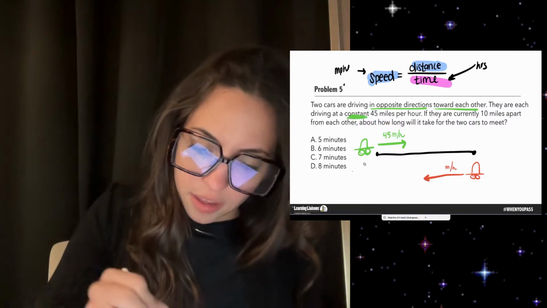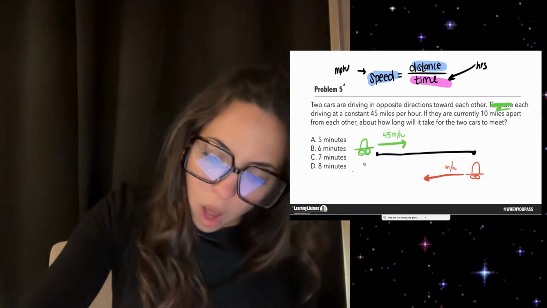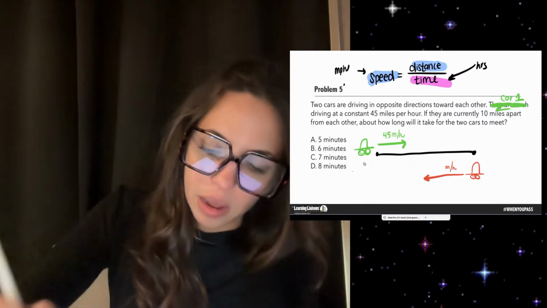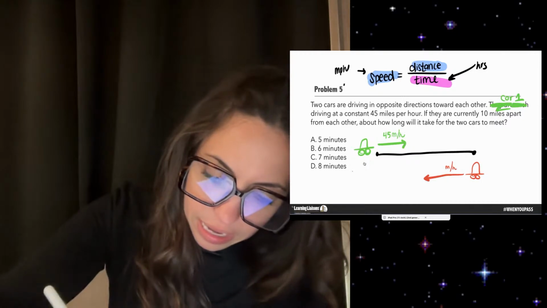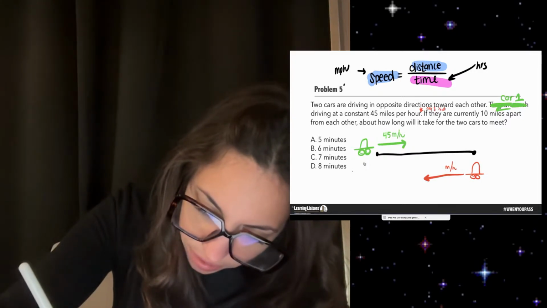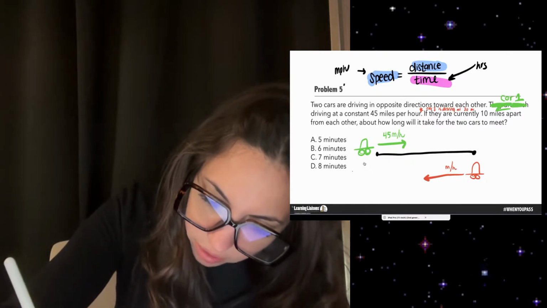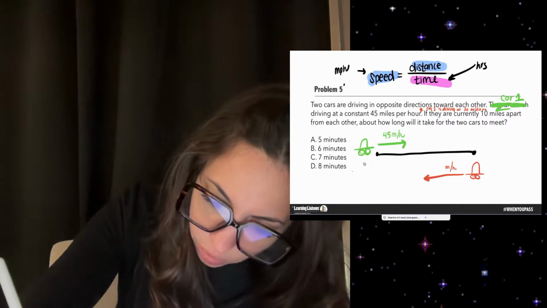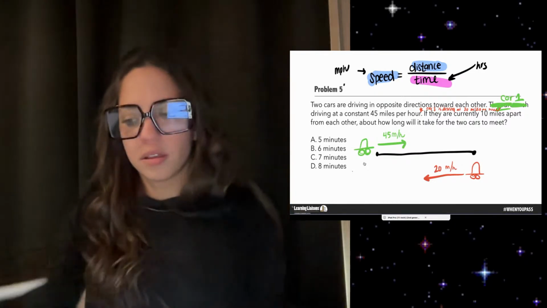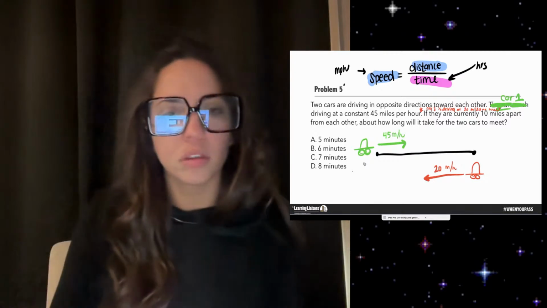Okay, what if car 1 is driving at 45 miles an hour and car 2 is driving at 20 miles an hour? How would you solve that?